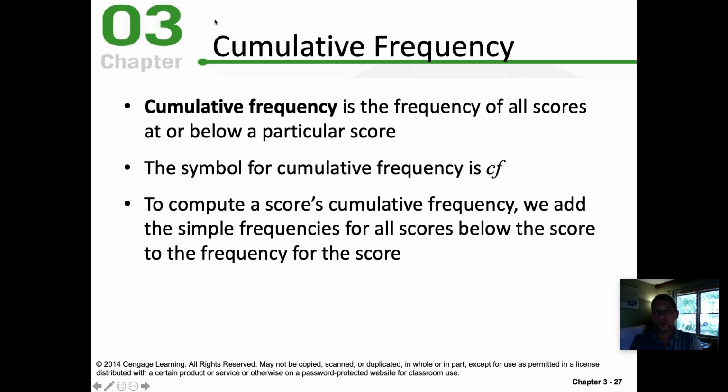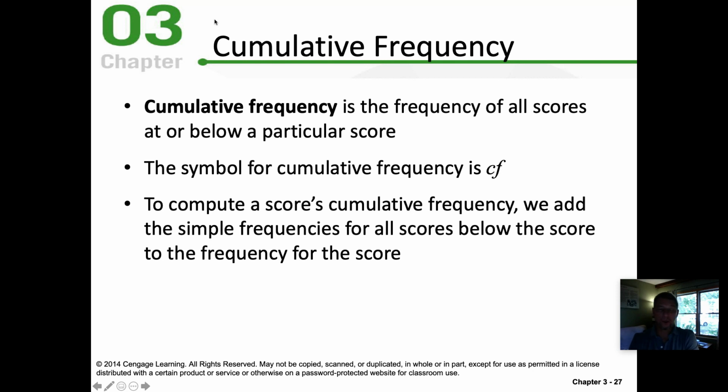In other words, you add up all of these scores that are below a certain score, add them to that score, and then divide by the total number of scores. We add this to our frequency distribution tables and symbolize it with the abbreviation CF for cumulative frequency.